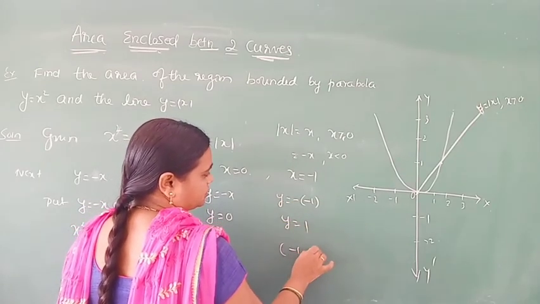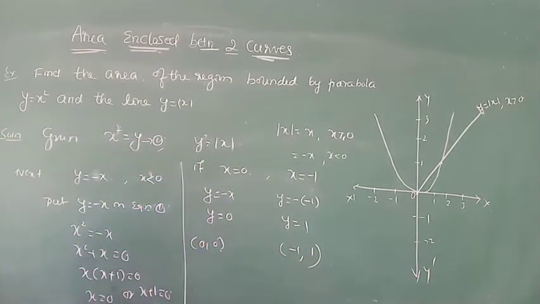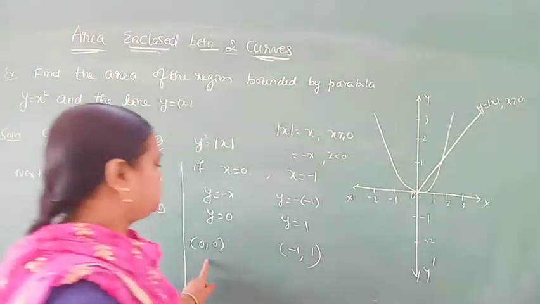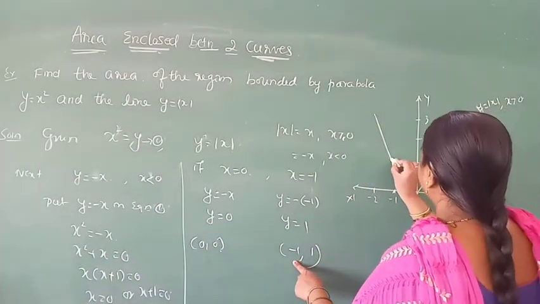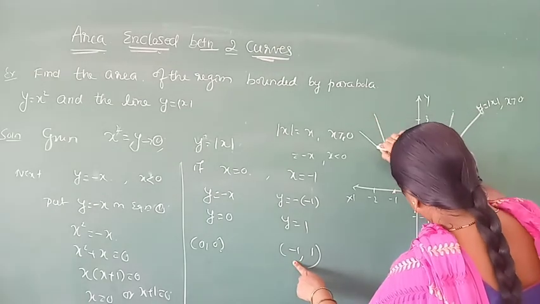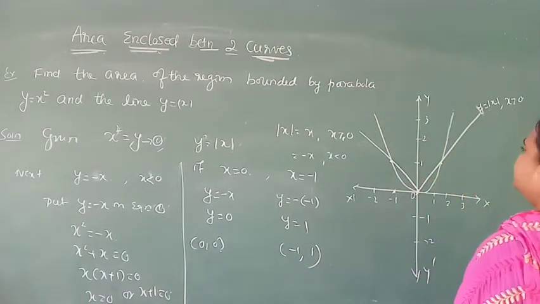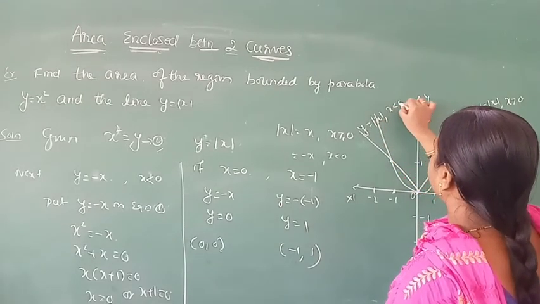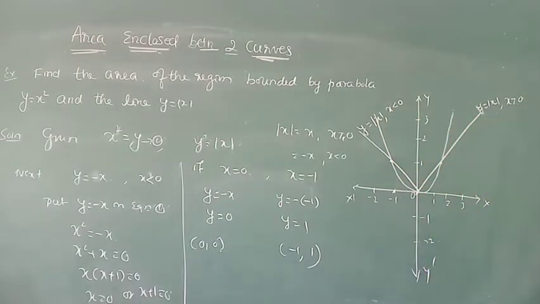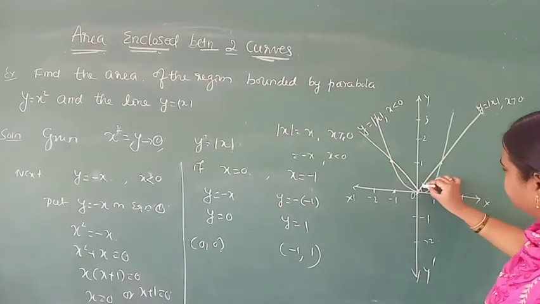Therefore, the point of intersection is (-1, 1). If points are not mentioned, in that case we have to calculate them. If x is 0, y is 0; if x is -1, y is 1. So the straight line is this, and this is y = |x| with the condition x less than 0. Okay, and we have to calculate the area of this region.